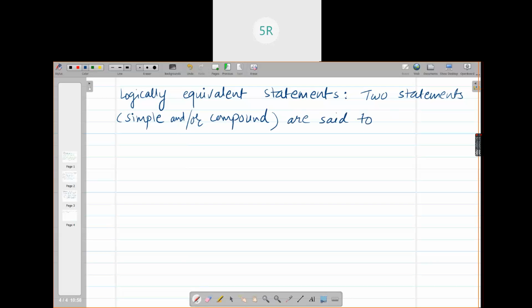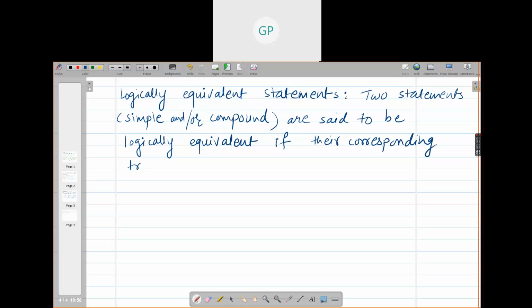Yes, ma'am. Corresponding truth values are the same. Okay.